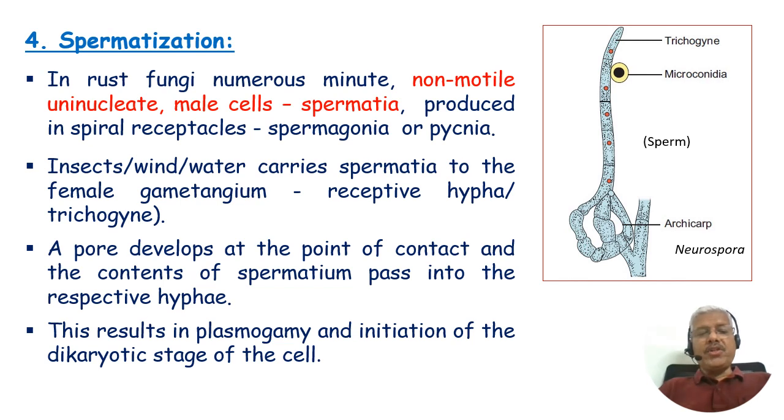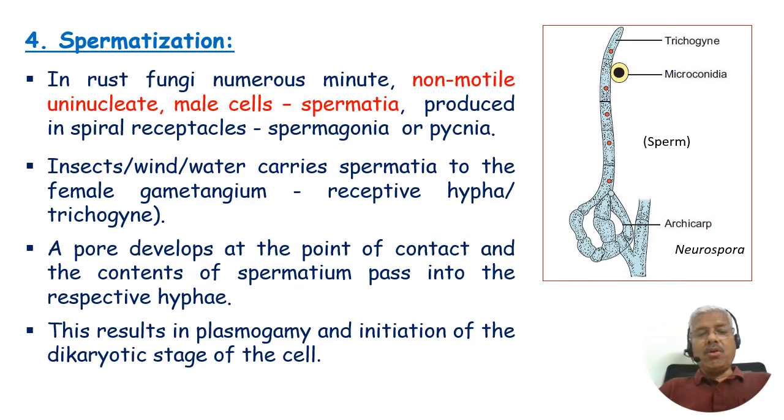Then spermatization. Some fungi, like rust fungi, bear numerous minute non-motile uninucleate male cells called spermatia, and these structures are produced in flask-shaped receptacles called spermagonia or pycnidia.